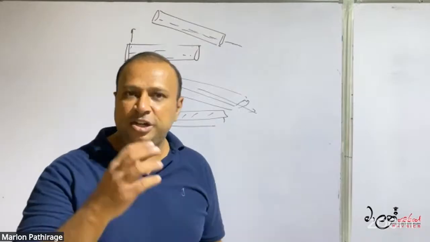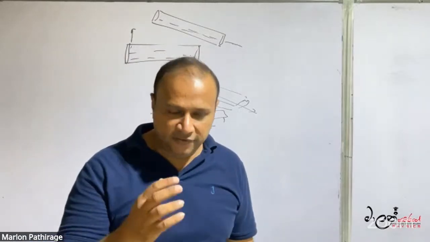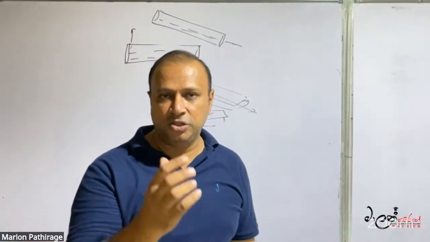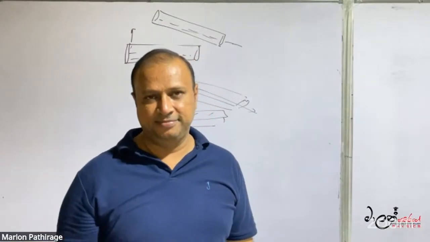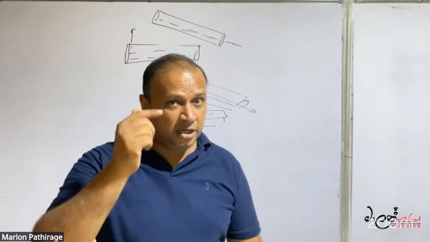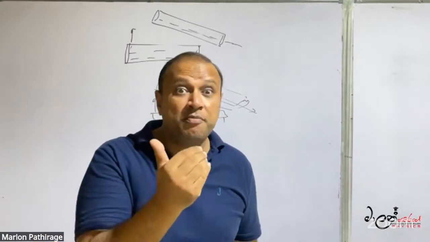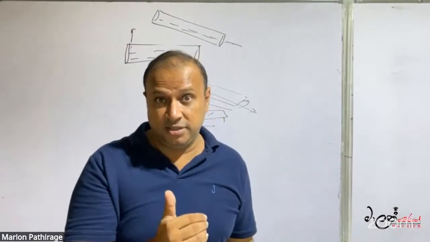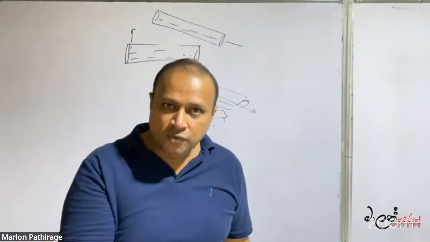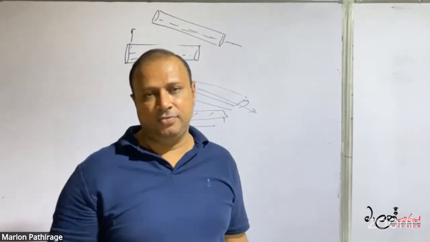Therefore, definitely, there should be a pressure difference for a liquid flow to occur. That means you have to apply a pressure difference to move a liquid. Liquid means fluid.